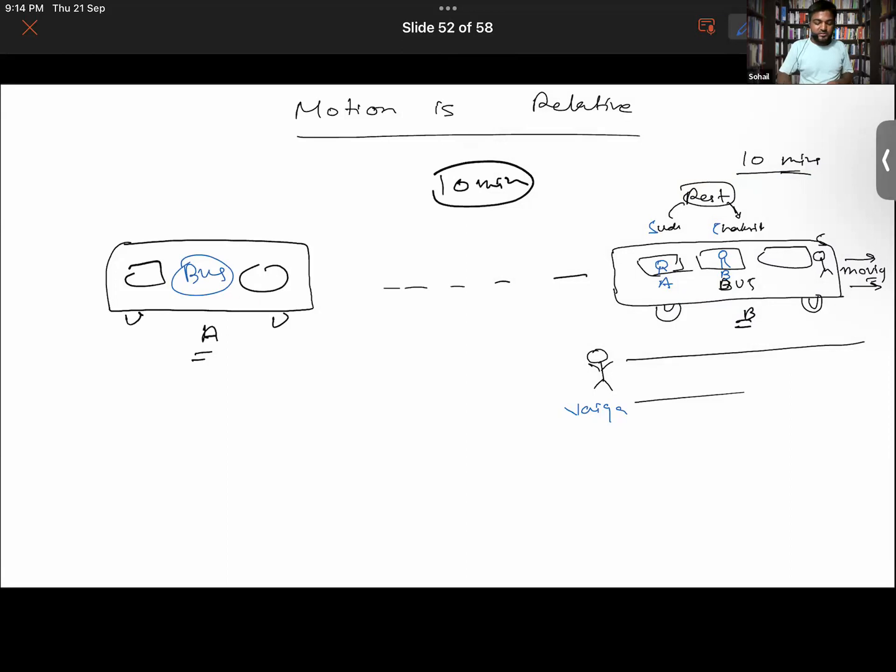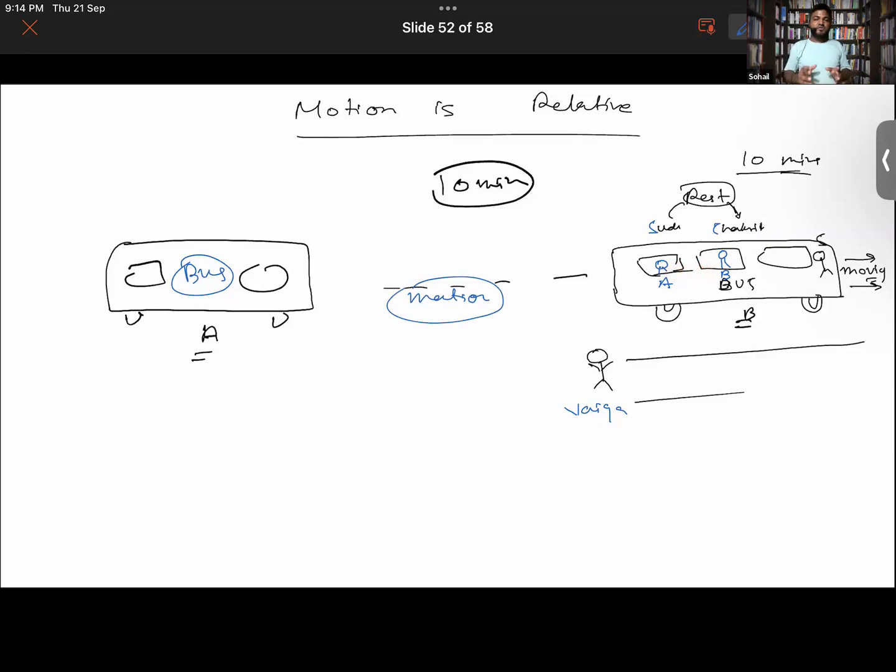The position of the bus has changed with respect to time. As time increases, its position also changes. That's called motion. Here it's the motion of the bus, while the passengers sitting inside are at a state of rest.